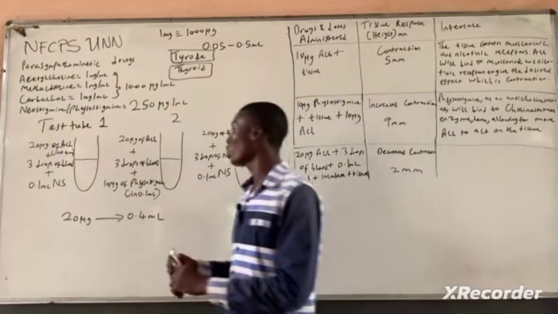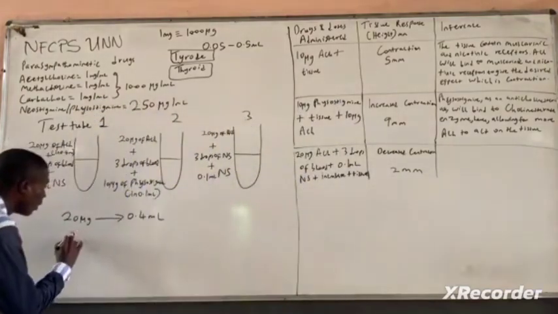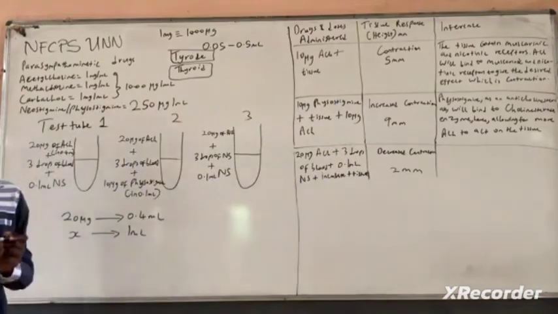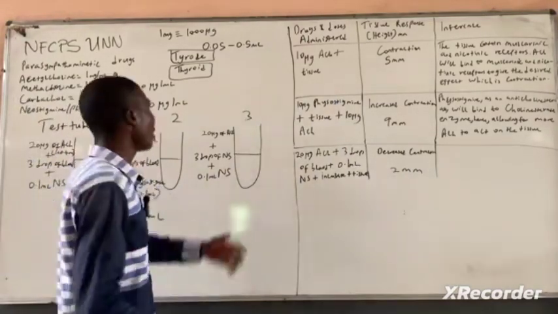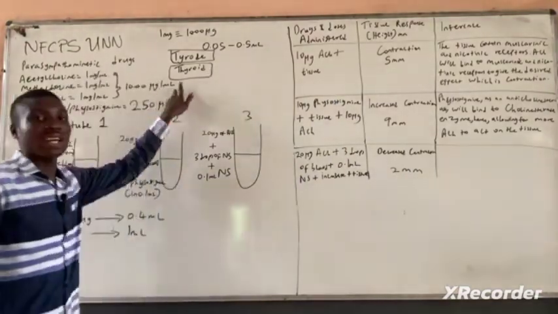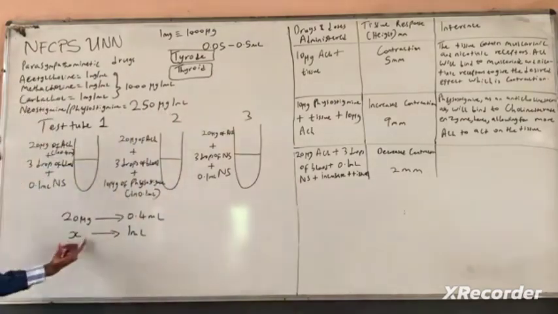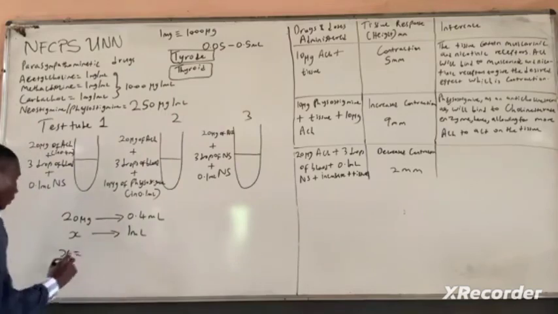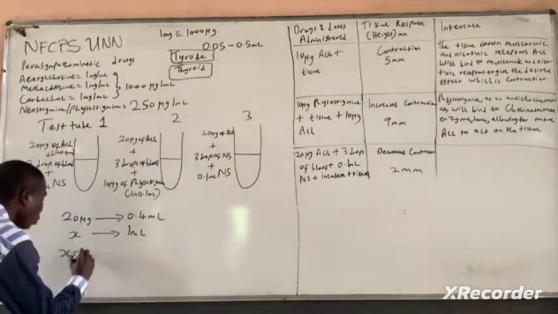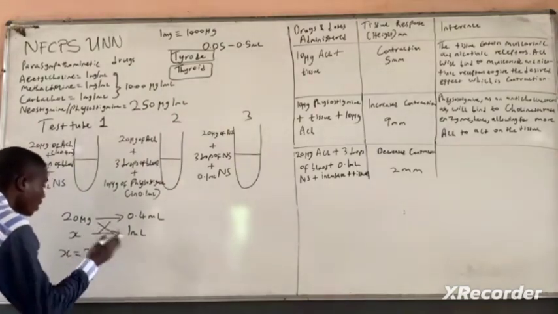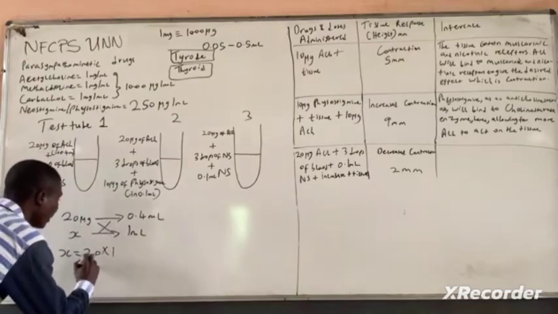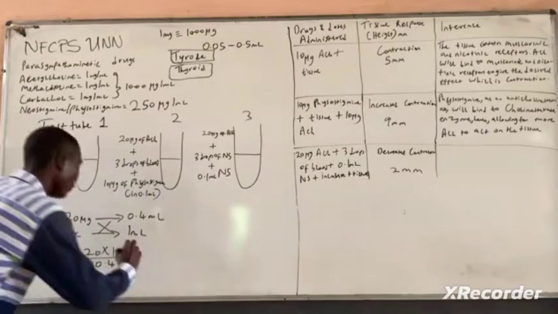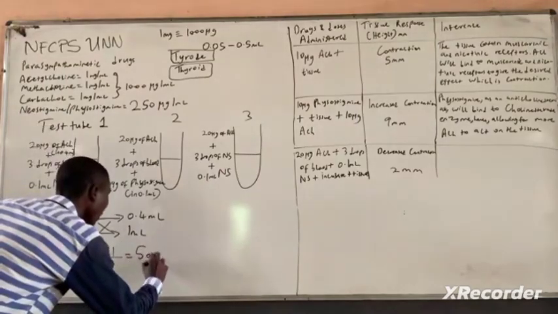What you simply need to do is ask yourself, what amount is present in 1 ml? Because whenever we talk about concentration in microgram, we talk about microgram per ml, that is microgram in 1 ml. So can we guess for X? X is equal to 20, cross multiplying, 20 times 1 divided by 0.4. If you do that in your calculator, it's going to give you 50 microgram.